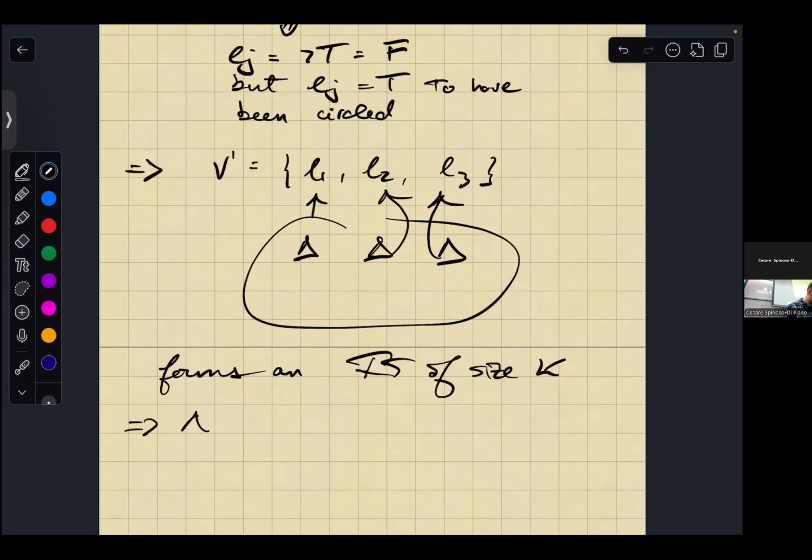So therefore, the answer to the independent set problem for G and K is yes. So I have a yes goes to a yes. Okay.